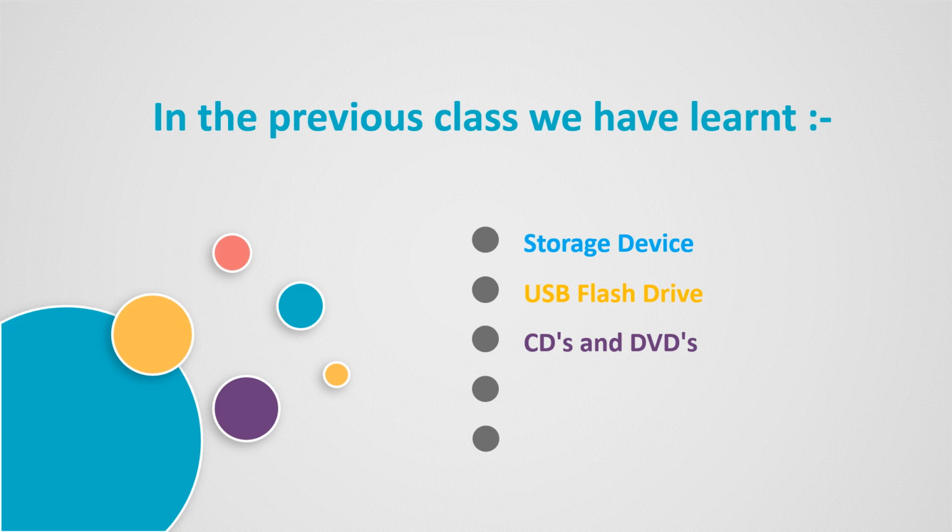They can store a lot of data. Multimedia cards. Multimedia cards are also known as memory cards. This card is small in size. It is available in different storage capacities. Then we have discussed the exercises.